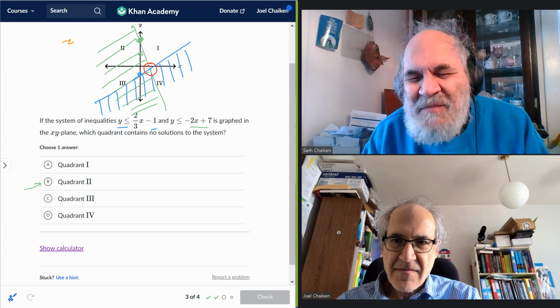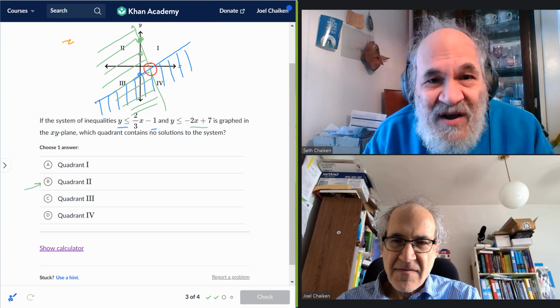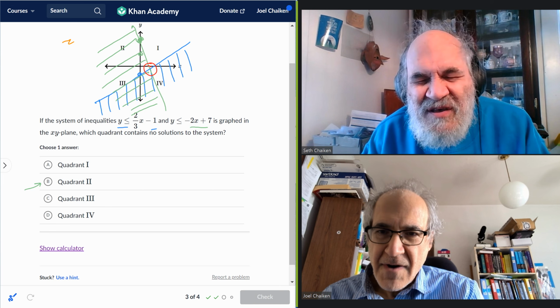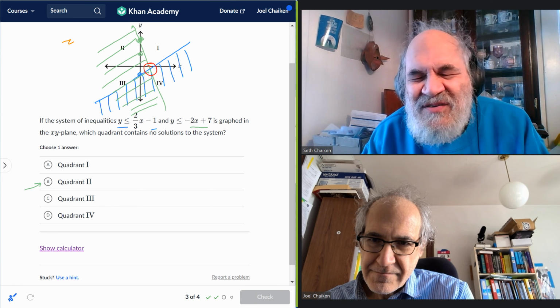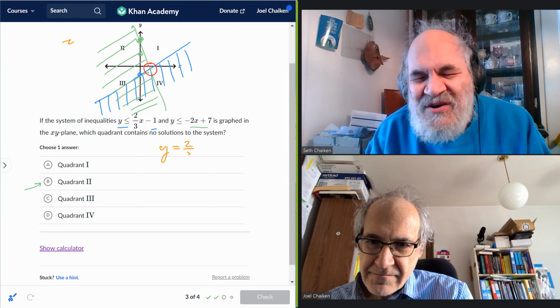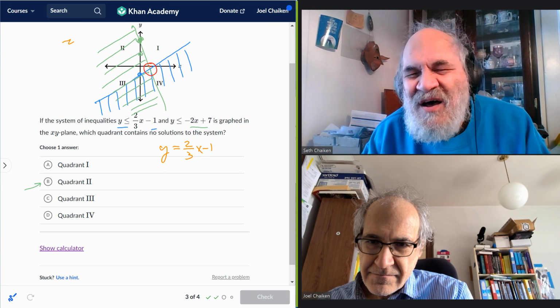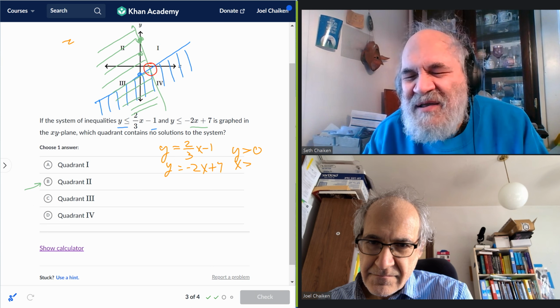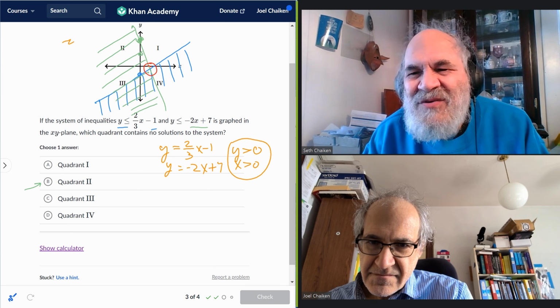So I bet if you do the calculation, you'll find that the x coordinate of the intersection of the green line with the x-axis is greater than the x coordinate of the intersection of the blue line with the x-axis. So go ahead and do it.